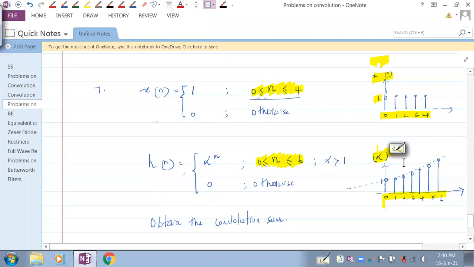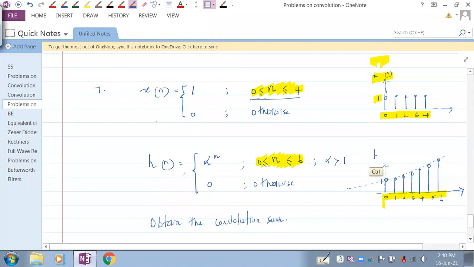Now let's write the equation for convolution sum. In the equation for convolution sum, we are going to have x of k and h of n minus k. Everybody understand that point? So let's see how it works out. This is actually h of n. Get that point?